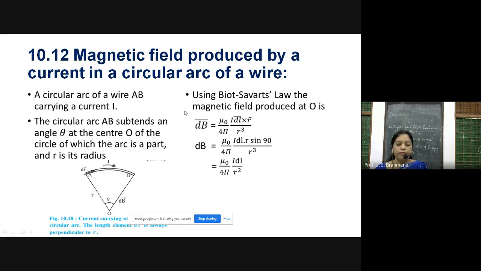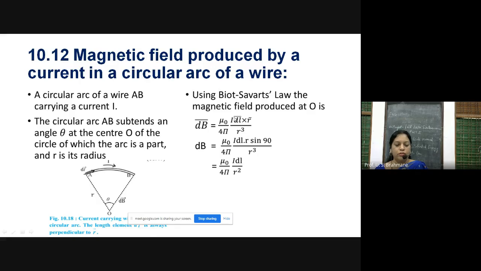Now, using Biot-Savart's law, the magnetic field produced at O is given by this equation, which is the standard equation of Biot-Savart's law. Here one thing you note down, children. First, we are going to find out the magnetic field for the small element dl. Then we'll see it for this total arc, so when we consider the arc, we'll consider this theta.